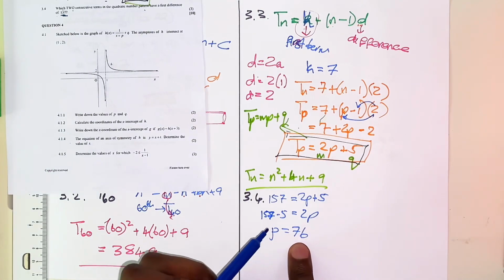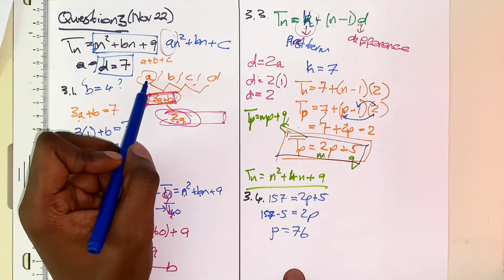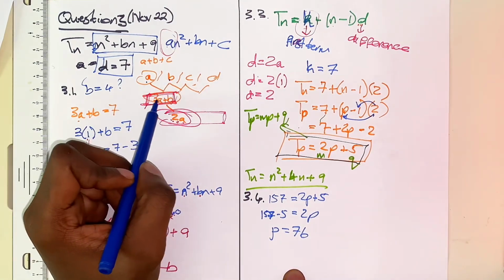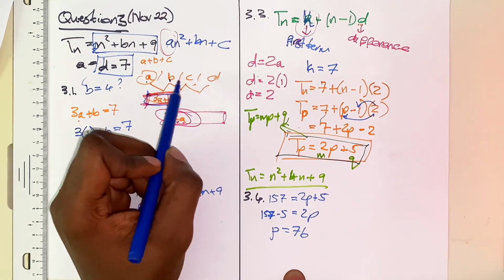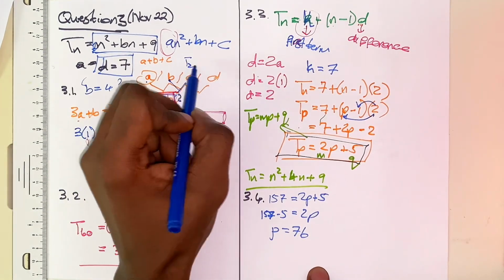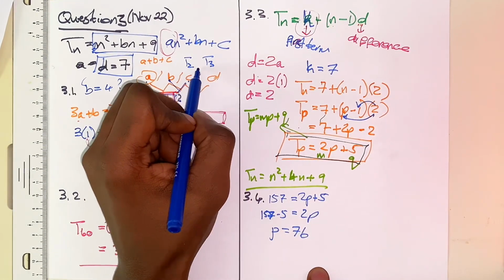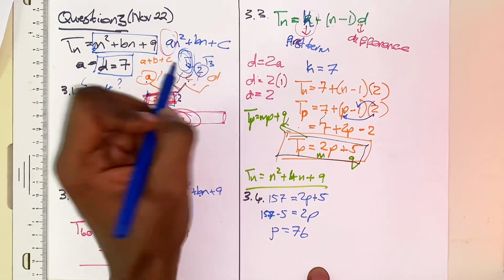Now notice that between term 1 and term 2, we have difference number 1. Between term 2 and term 3, we have difference number 2. So between T2 and T3, we have difference 2, which aligns with T2.